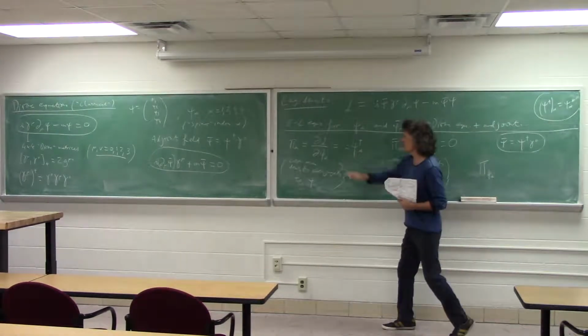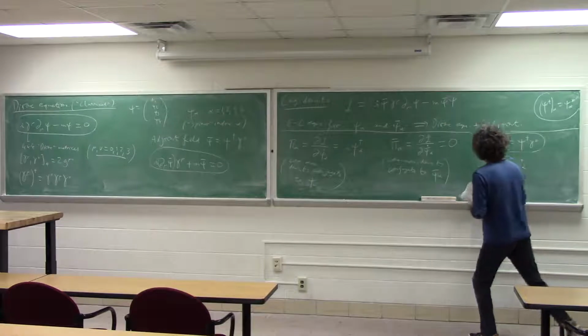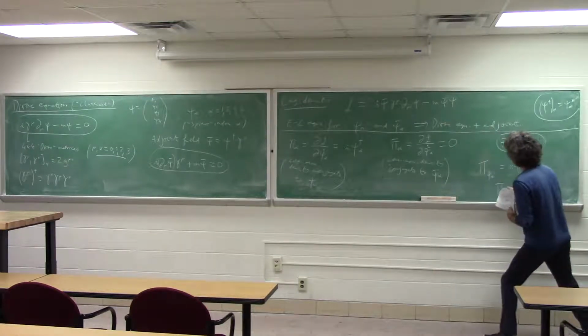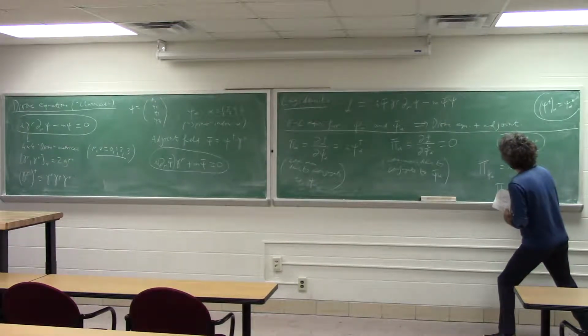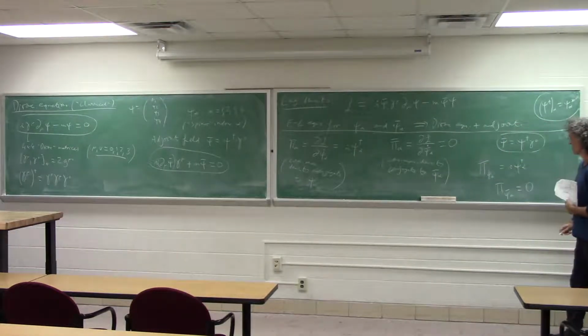That would be this thing here. And then the canonical momentum density conjugate to psi bar alpha is this here that's 0.